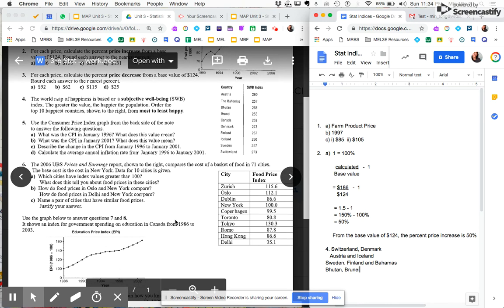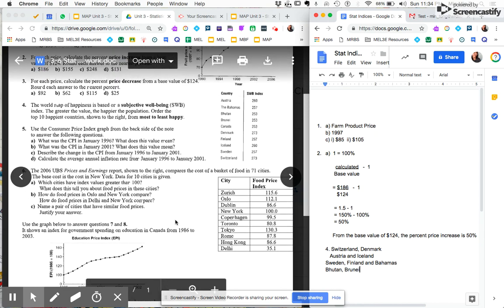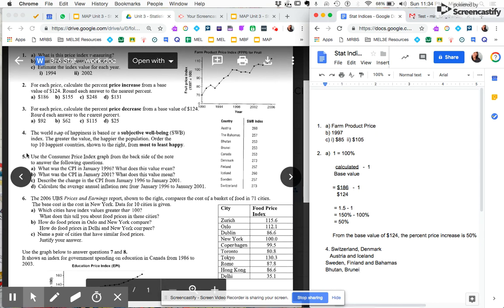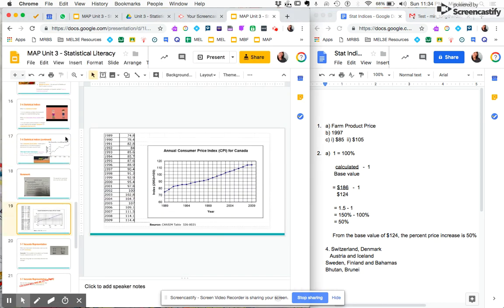Do remember that on your worksheet, for number 5, this is a great practice question. Number 5, you will have to reference the chart that is on the HyperDoc for statistical literacy.